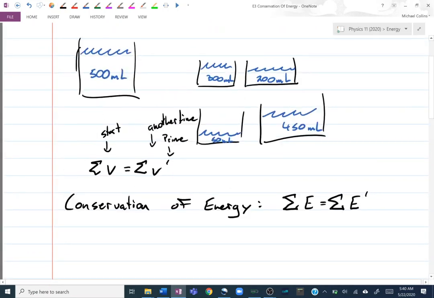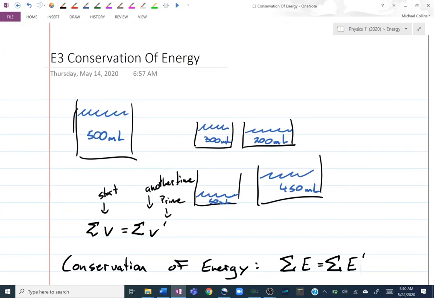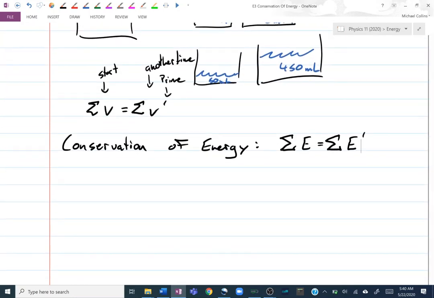Notice how this is exactly like the conservation of volume in our water question. Those volumes stay consistent in all of those scenarios. Conservation of energy is a bit more involved because we have two different types of energy.